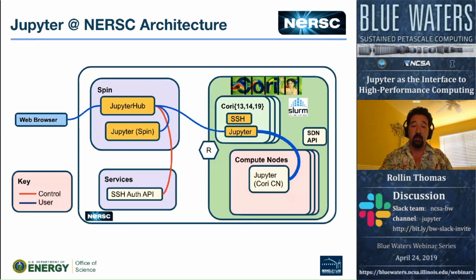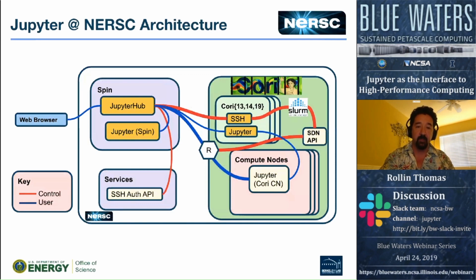So providing the ability to spawn notebooks on compute nodes is a way for them to have their own compute node to run Jupyter on for a while. To do that, we submit a job through Slurm. We have a software-defined networking API that allows us to hook up all of the networking that's needed, and then once that's all done, the user is connected from Jupyter Hub over to the notebook running on the compute nodes.